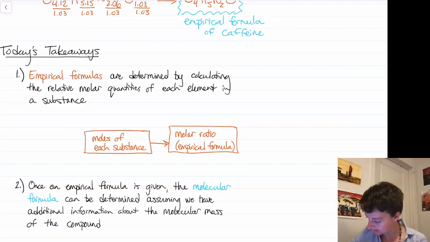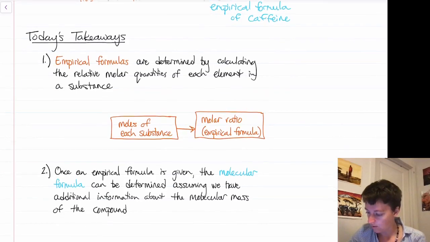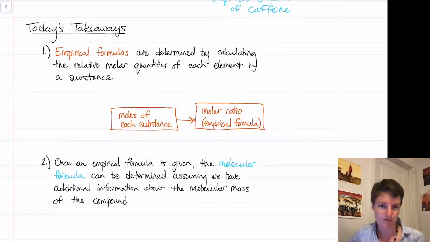Our takeaways is that we learned how to calculate both empirical and molecular formulas. For empirical formulas, we're really always trying to calculate the relative molar quantities of each element of a substance. And so working backwards, if we want to get to the molar ratio, we have to get to, as an intermediate step, figuring out how many moles there are of each substance.